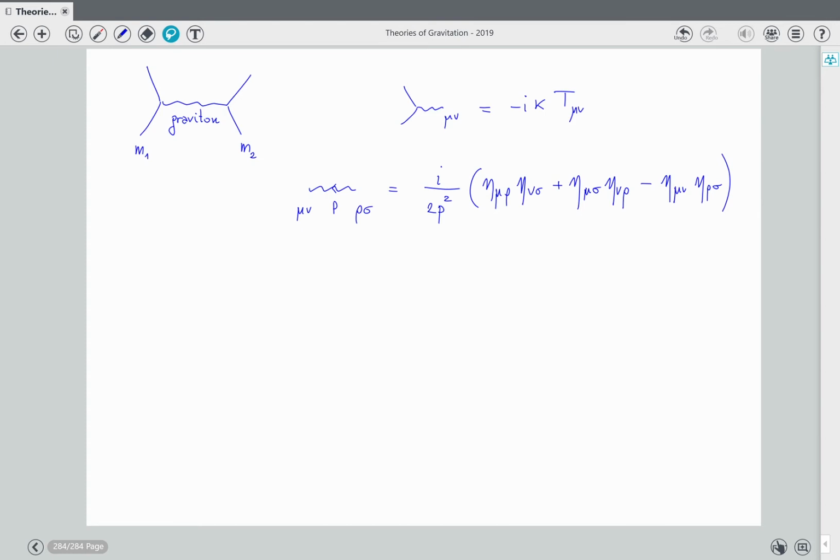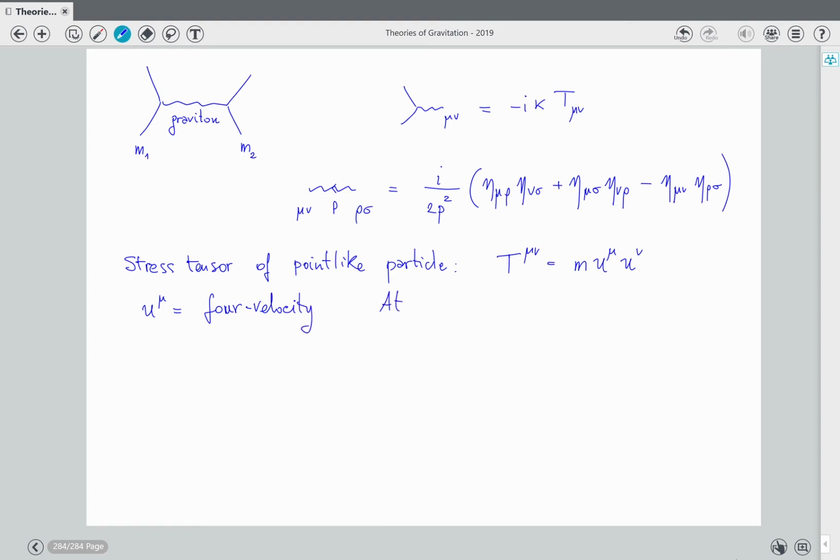Well, there is a way to write the stress tensor of a point-like particle. And that is T mu nu is equal to the mass times u mu u nu, where u mu is the four-velocity, and so at rest you just have T00.